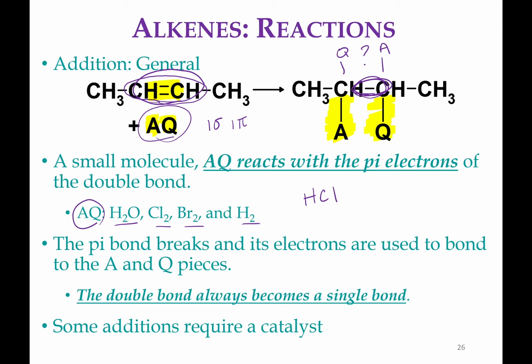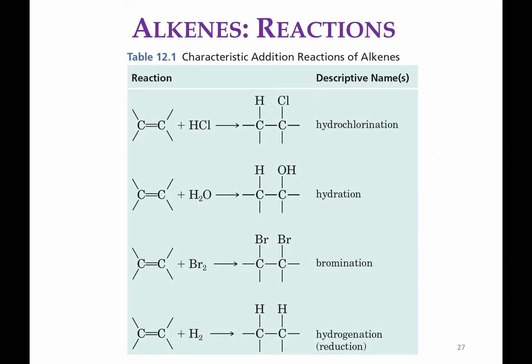What happens and how it happens is going to be a little bit different with each version of AQ that we have, and some of them are going to require a catalyst for the reaction to go forward. These are some of the particular reactions we can see with alkenes. So here we have hydrochloric acid reacting, hydrogen goes to one side, chlorine goes to the other, and we end up with a hydrochlorination, is what it's called.